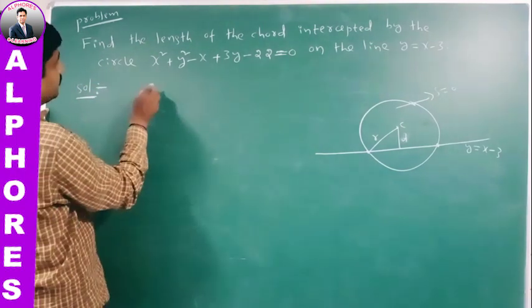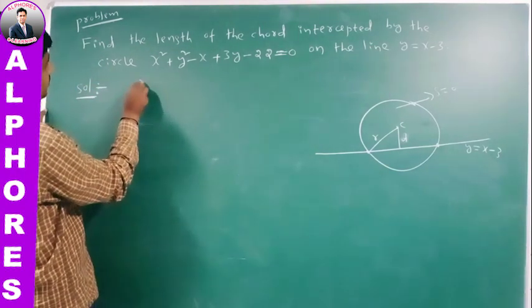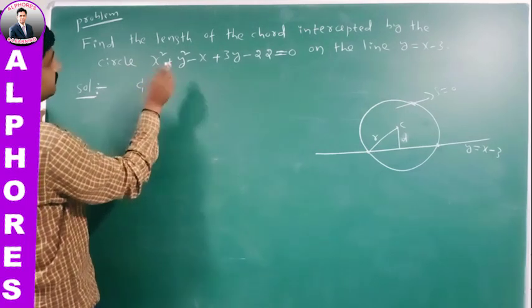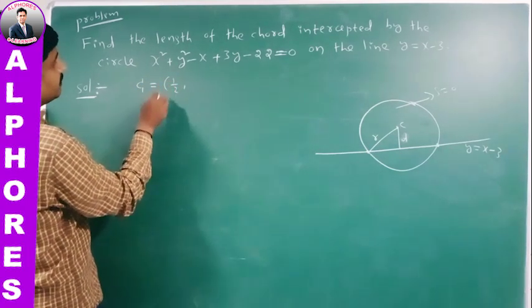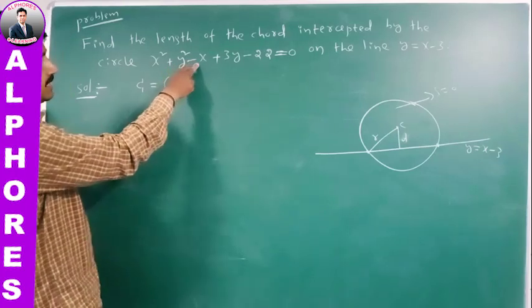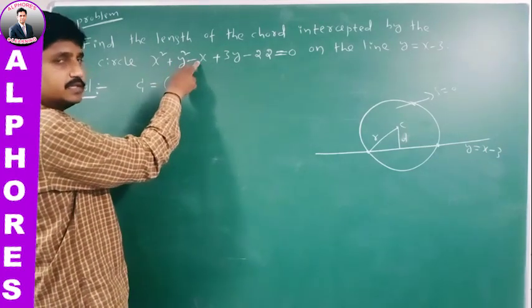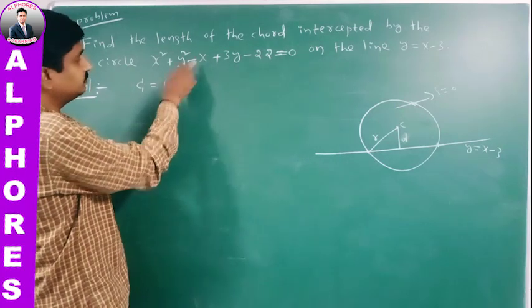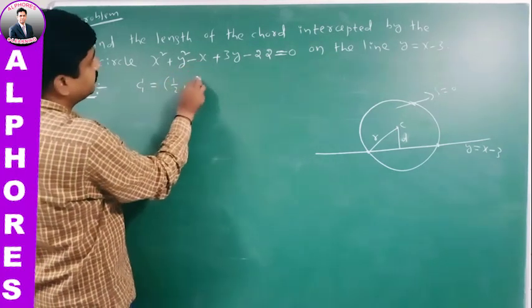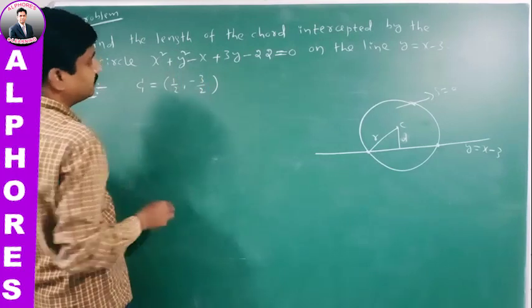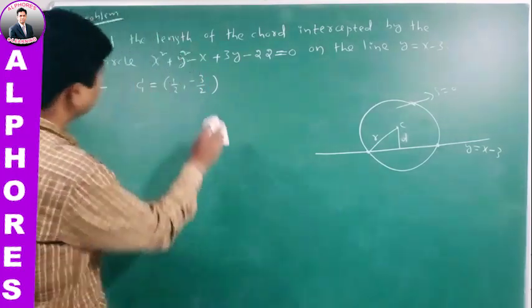Solution: here the center of the given circle, 2g equal to minus 1, then g equal to minus 1 by 2. Center minus 3 by 2.